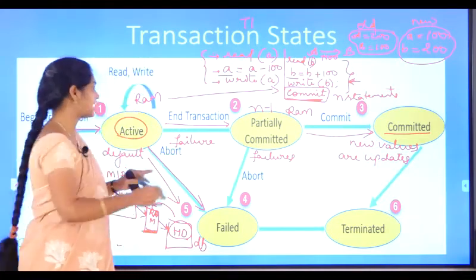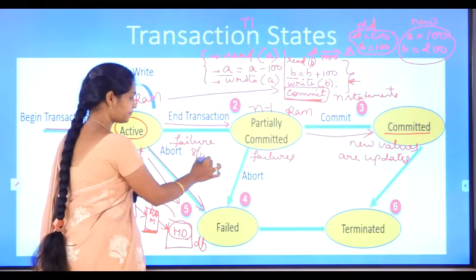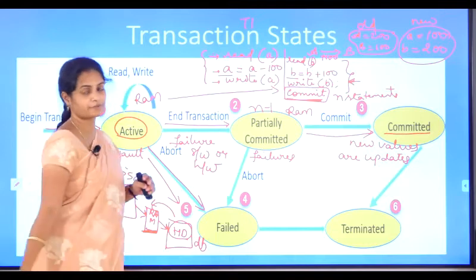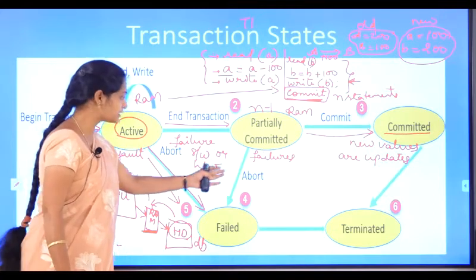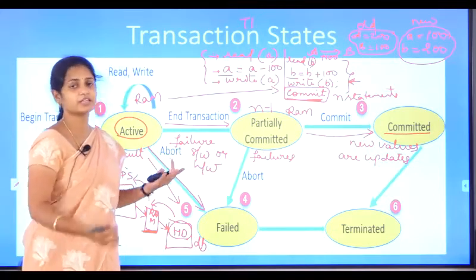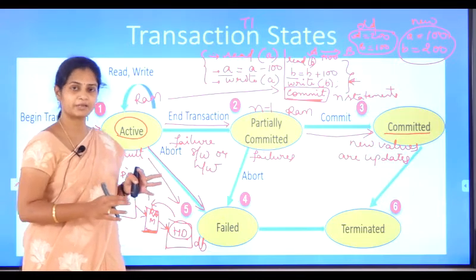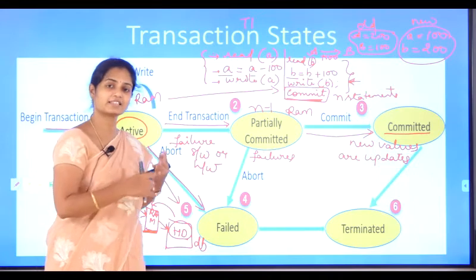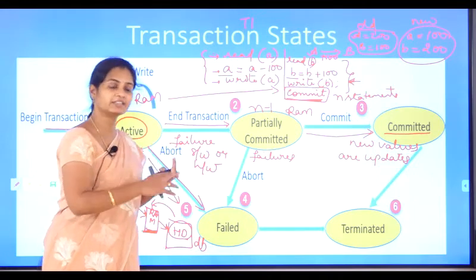So what are these failures? These failures can be either a software failure or a hardware failure. Suddenly power has been interrupted, or the server has gone down, or some other problem.